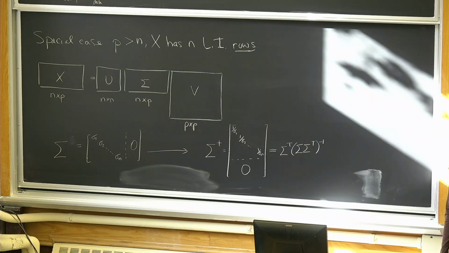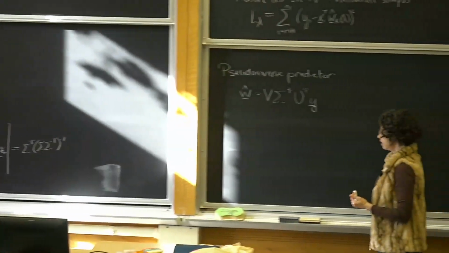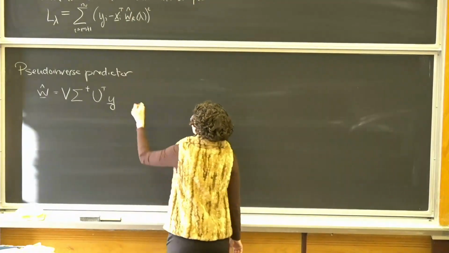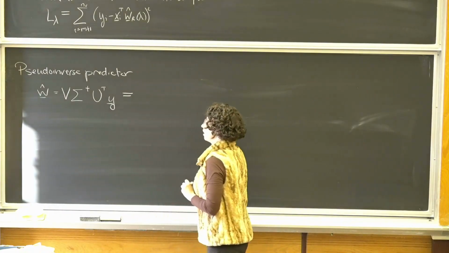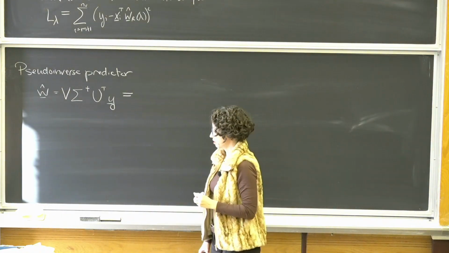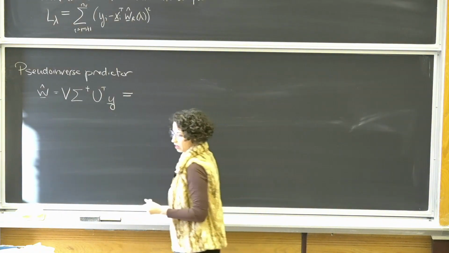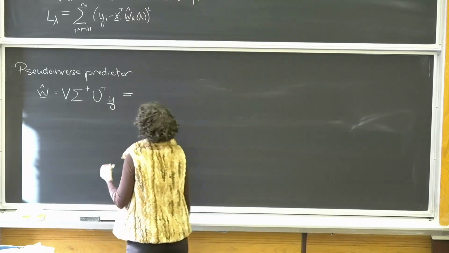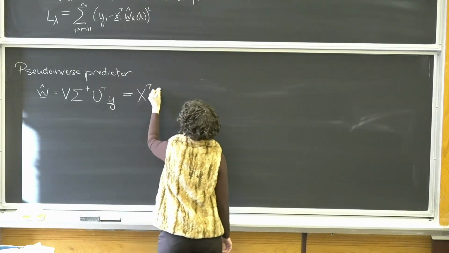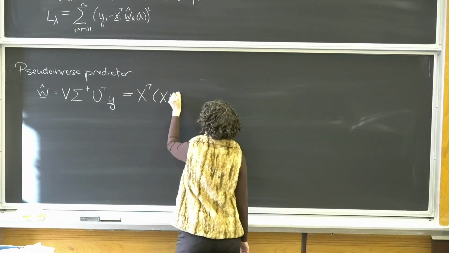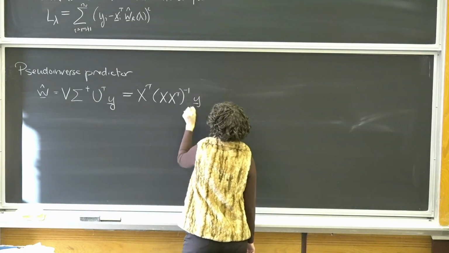So I've got an explicit formula for this pseudo-inverse. In addition, I can show that what I'm writing here, this pseudo-inverse predictor, I can write explicitly in terms of X. This would be X transpose times X X transpose inverse times Y.